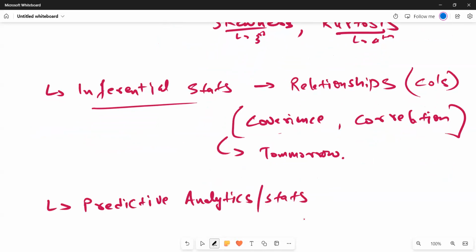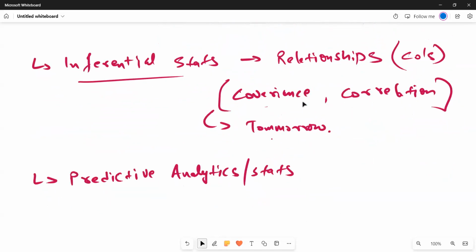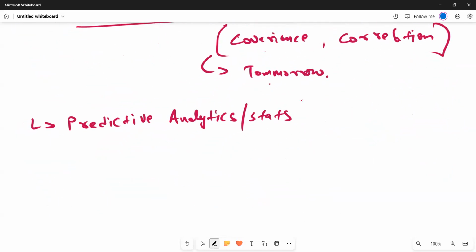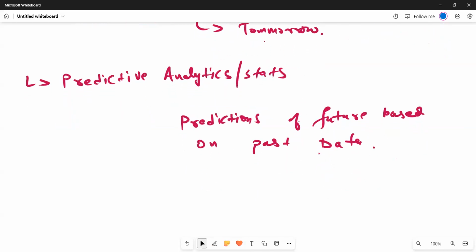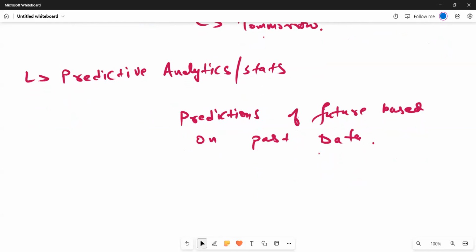So predictive statistics is basically when you make predictions of the future based on past data. All right. So here also there are various methods and techniques available, right?